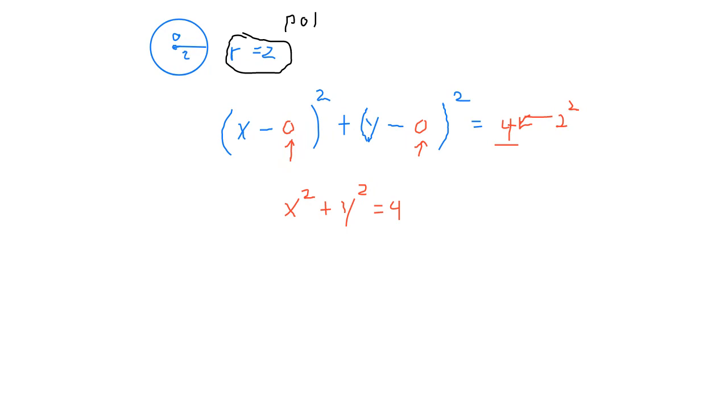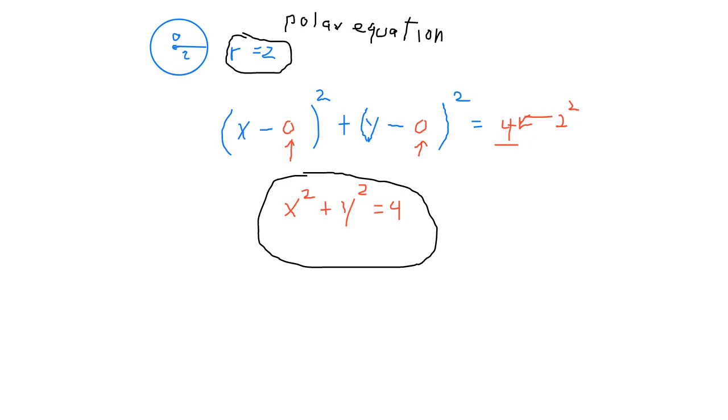It's a polar equation because it has a radius in it and it has a theta in it, although this one doesn't have a theta in it, but you know what I mean. That's a polar equation, r equals 2, and then x squared plus y squared is your Cartesian equation.